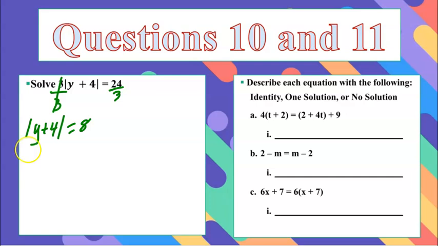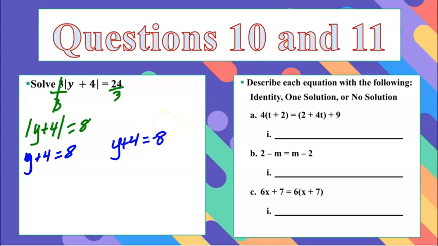Once the absolute value is by itself, you can now write your two equations. So case 1, you take the expression in the absolute value, so y plus 4, and set it equal to the positive answer they have, which is 8. Case 2, you take that same expression, y plus 4, but this time you make it equal to the negative form of the answer, which would be negative 8.